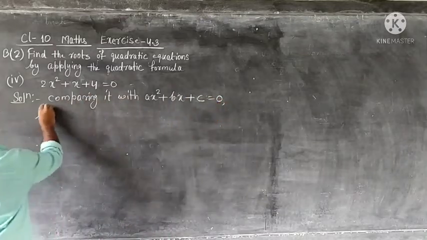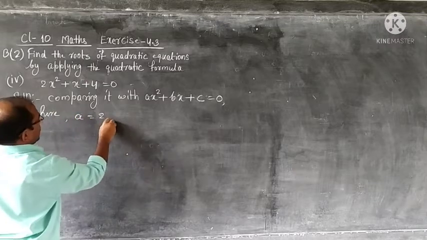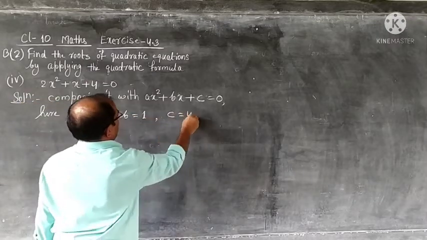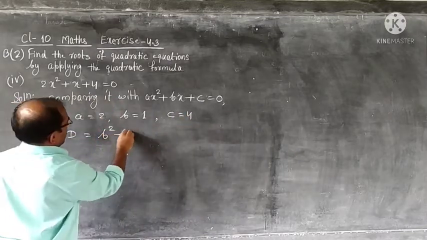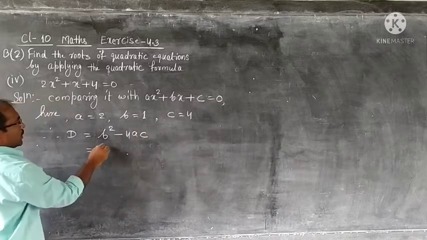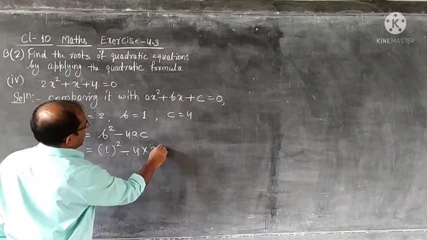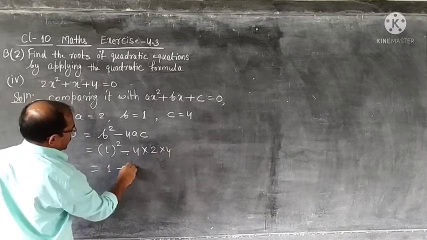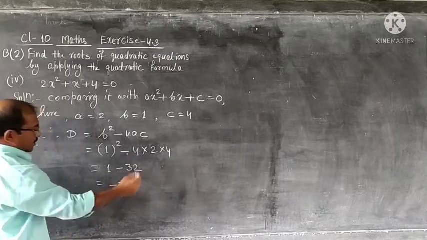We get a is 2, b is 1 and c is 4. Discriminant will be b square minus 4ac. b square, 1 square, minus 4 into a is 2 and c is 4. So, 1 minus 4 2s are 8, 4s are 32. We get what? Minus 31.